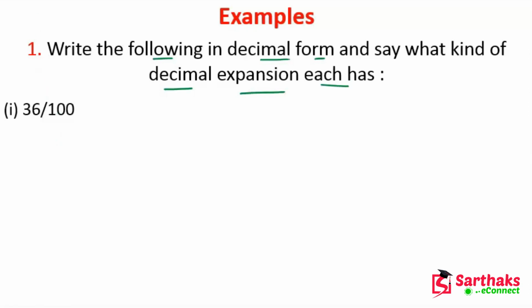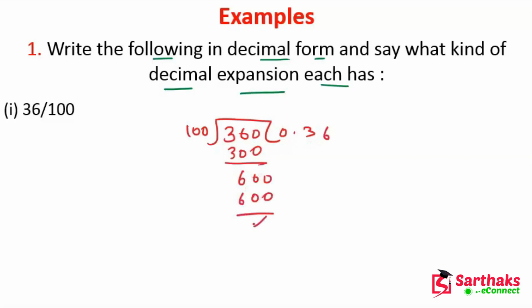Yes. So now if we divide 36 by 100, the dividend is less than the divisor, so we take 0 point. Then we get 360, 300 and 60, then 600, which cancels. So the remainder becomes 0.